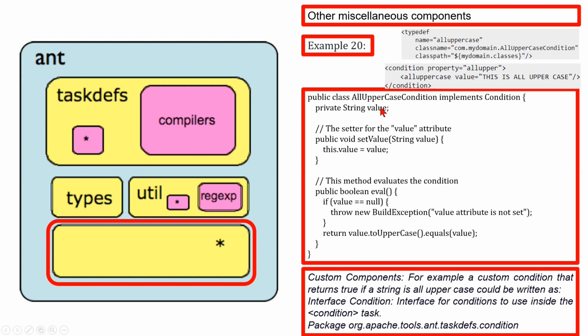The interface for conditions to use inside condition tasks is in the package org.apache.tools.ant.taskdefs.condition. Custom conditions are data types that implement org.apache.tools.ant.taskdefs.condition.